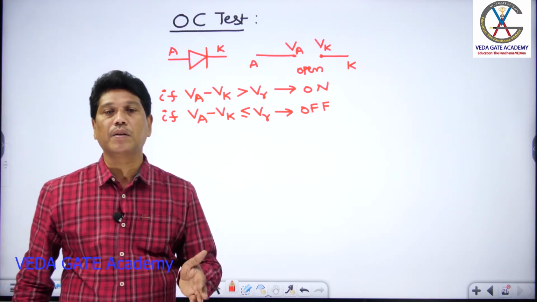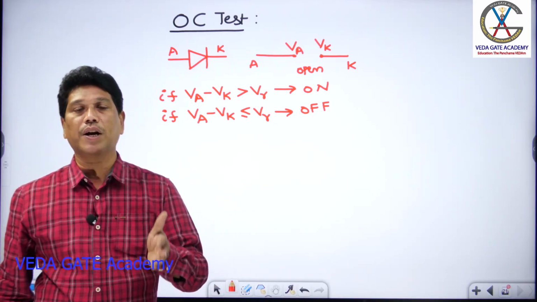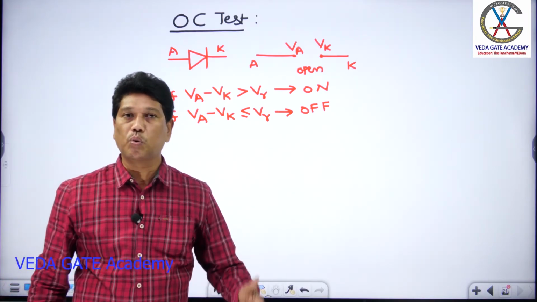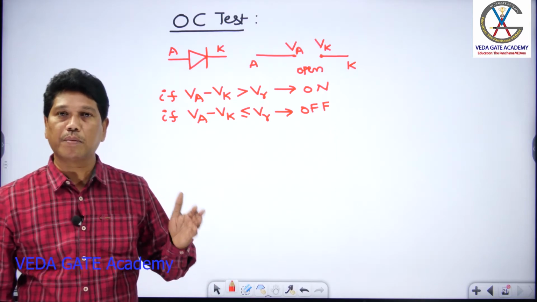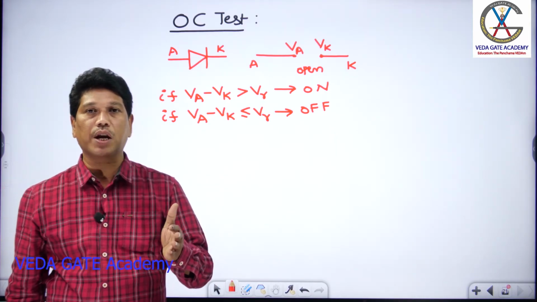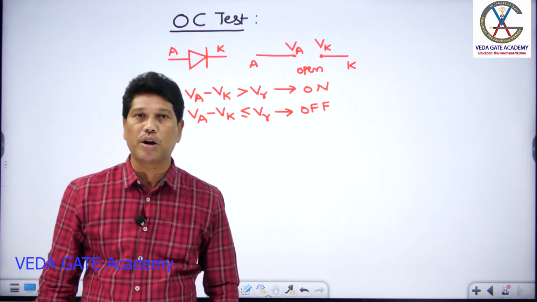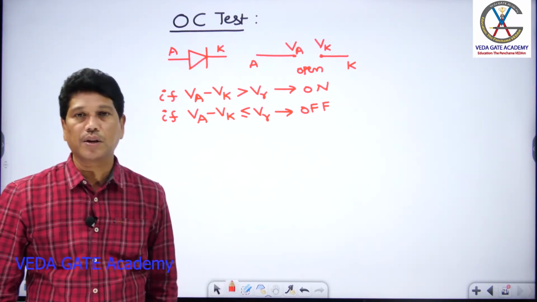After that, you can examine the other diodes by calculating their VAK to say whether they are on or off. So the diode which has more VAK conducts first if all diodes have the same cut-in voltage. This is one of the cases.